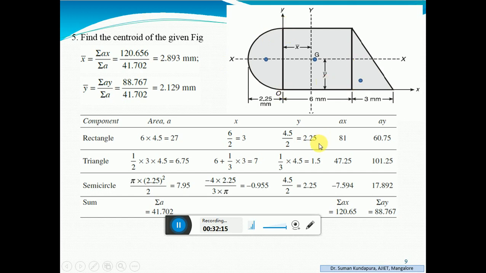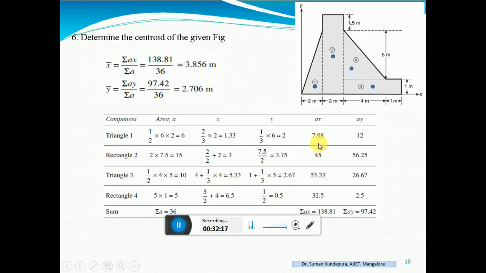Okay. So we'll move on to the next problem. This is a bigger ensemble which consists of many such components. This figure is given, but they will not tell you where to split it. It is you who have to decide where to put the dotted lines, so that it becomes easy for you.